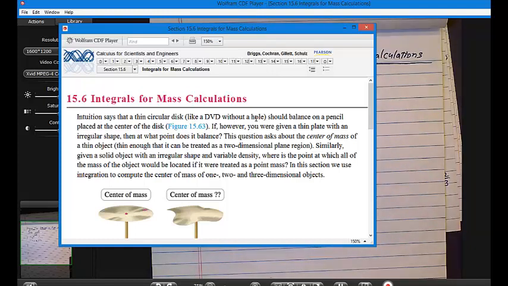Just for the sound. All right, but the idea is any thin surface, you might have what we call a center of mass, right? And that's a kind of a classic application of the kinds of integrals that we're dealing with here. So we're going to be talking about that center of mass, or centroid, today.